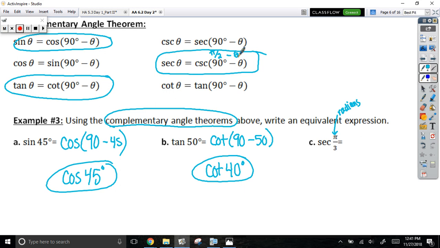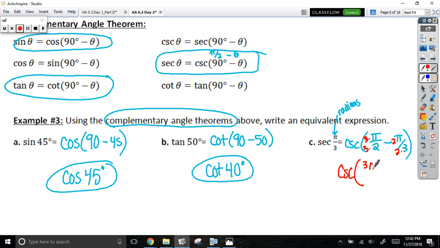So we'll use this formula, secant theta equals cosecant of pi over 2, which is 90 degrees, minus theta, which is pi over 3. Now, in order to add or subtract fractions, we need a common denominator. So the common denominator would be 6. So we'll rewrite this one, multiply this one by 3, multiply this one by 2.